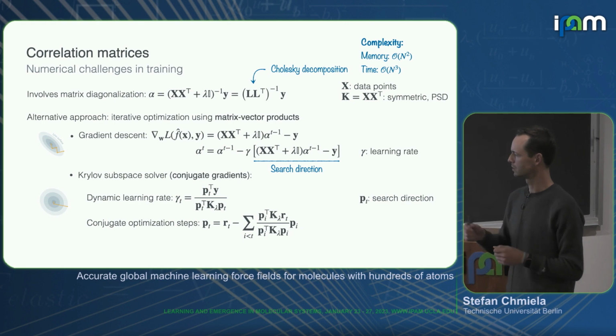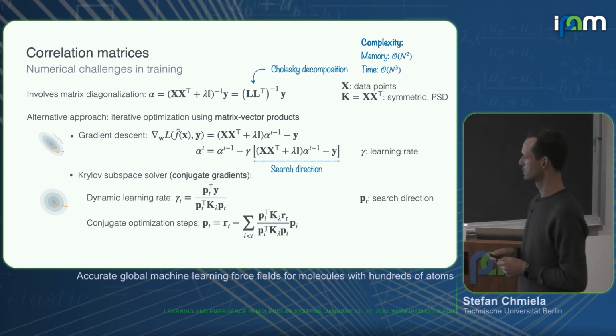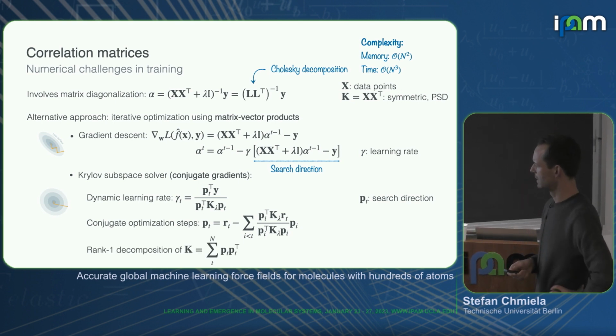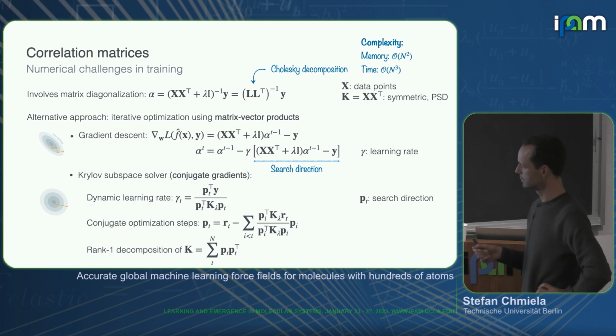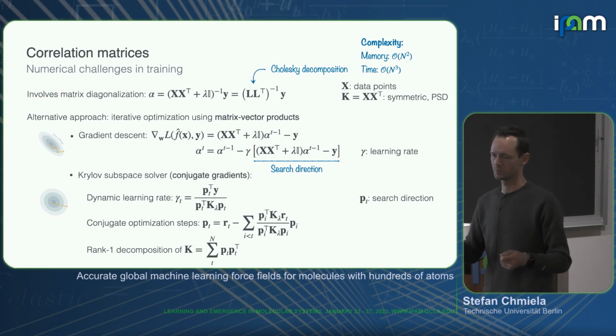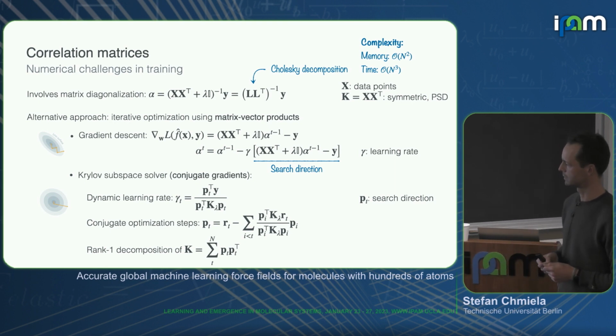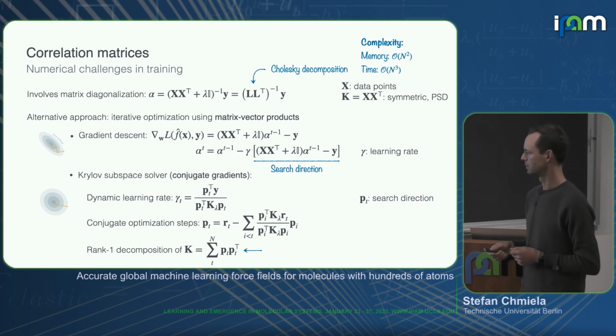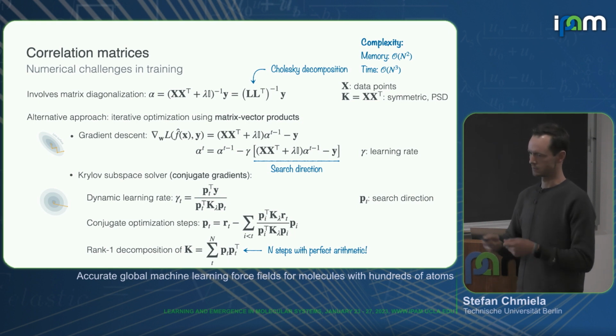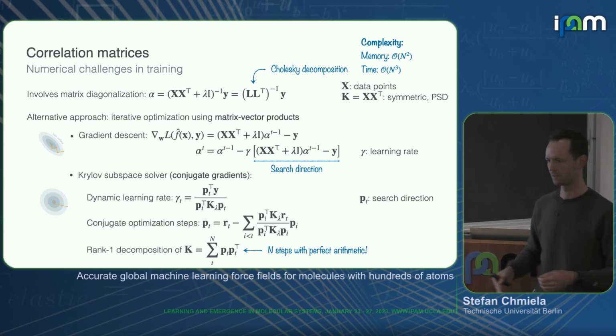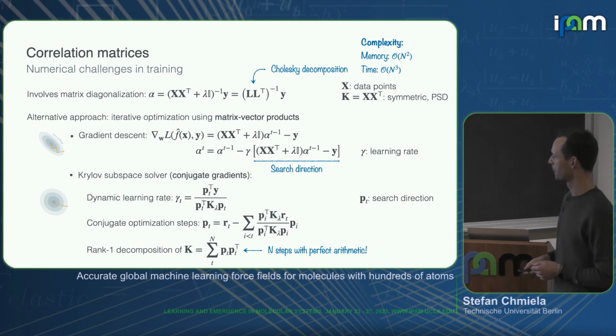So you choose orthogonal search directions, and effectively this boils down to a decomposition in terms of rank 1 updates of the kernel matrix, which means that with perfect arithmetic it's an iterative algorithm, but it converges in n steps, right? So it's really a closed form solution as well.